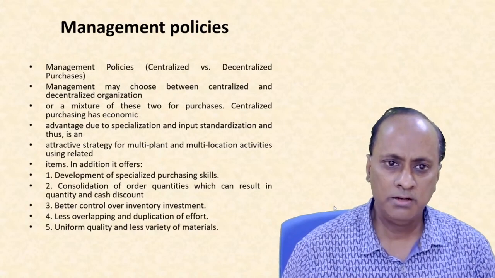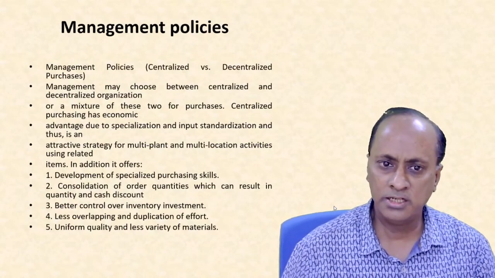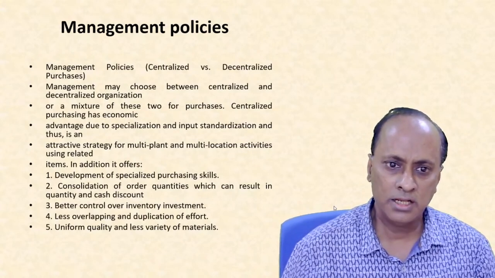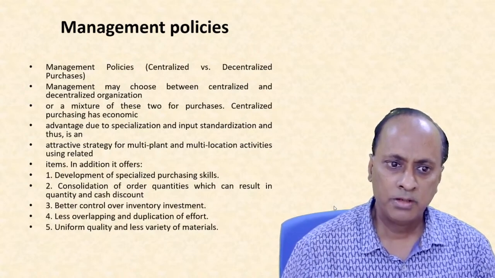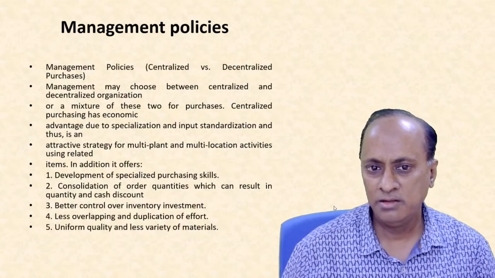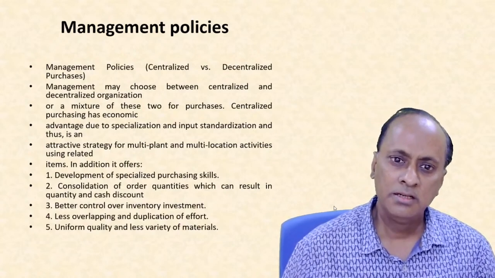So, management policies of purchasing may be two types, centralized and decentralized. If you compare both, centralized purchasing has economic advantage because if you purchase centrally, it is purchased in bulk, so it may get certain discount.